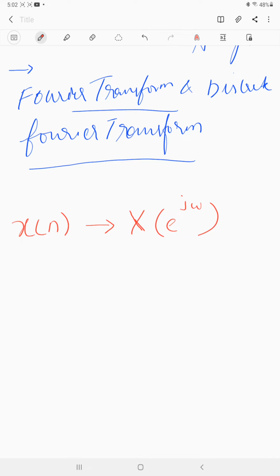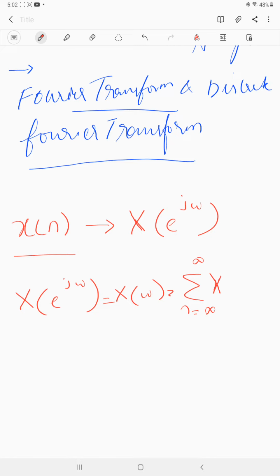The Fourier transform of x(n) can be represented as X(e^jω) = X(ω) = summation of n equals minus infinity to infinity of x(n) e^(-jωn).